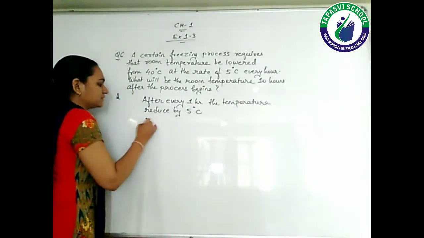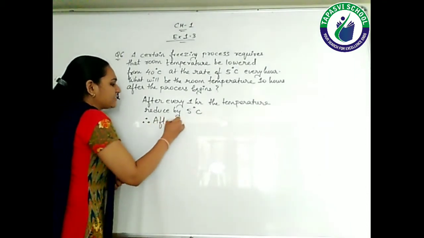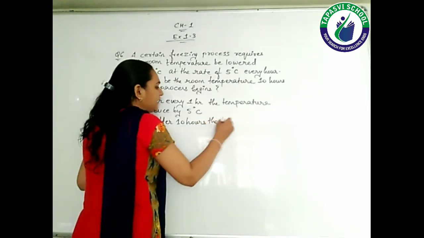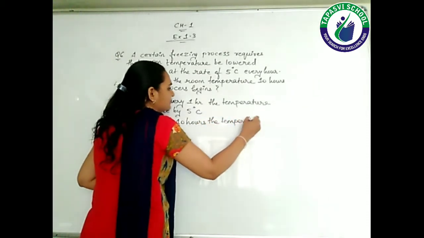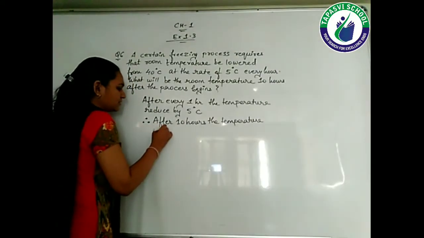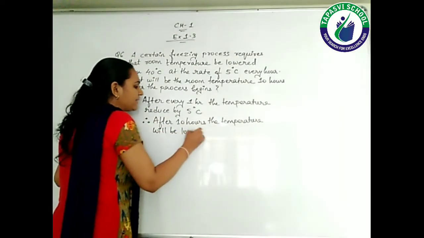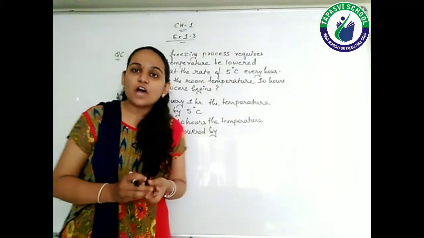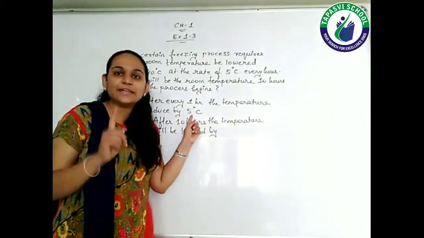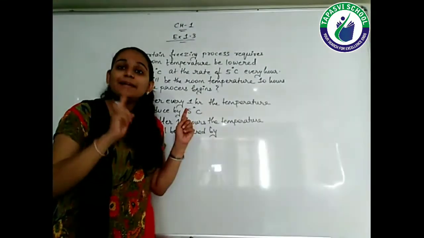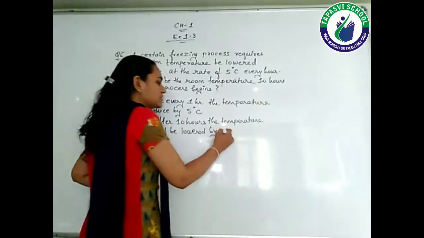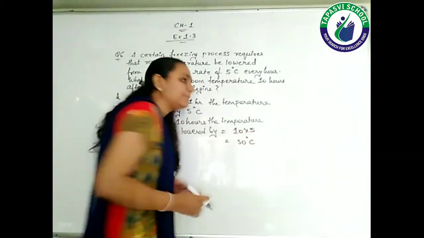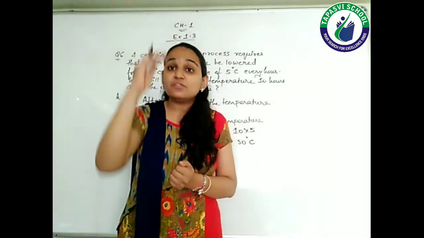Therefore, after 10 hours, the temperature will be lowered by, that means after 10 hours the temperature will be reduced by how much, right? See, 1 hour, 5 degrees Celsius. So for 10 hours, you have to multiply 10 and 5, students. So 10 multiplied by 5 is 50 degrees Celsius. That means the temperature will be lowered by 50 degrees Celsius.